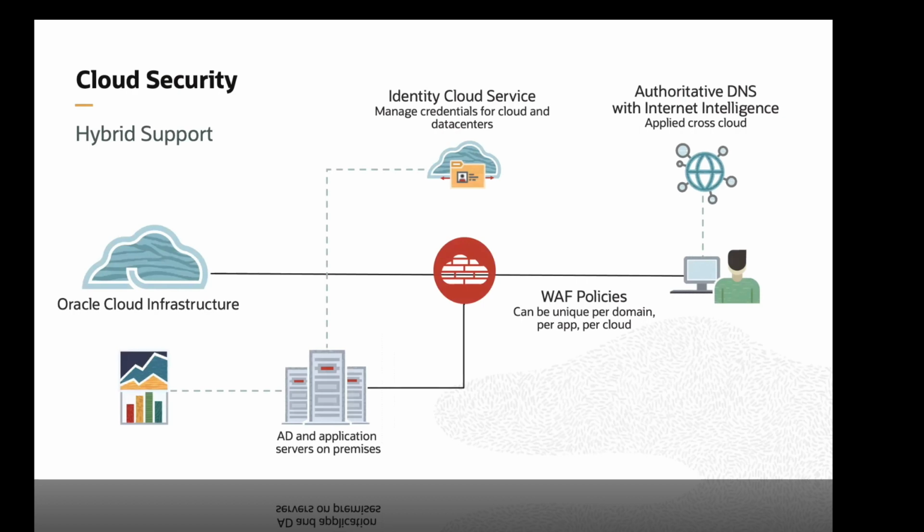Oracle Cloud Infrastructure also provides authoritative DNS, which can be applied across clouds. In multi-cloud solution architectures, having the option to choose an identity provider that is more flexible and adaptable with applications and other cloud providers lets customers build the best multi-cloud solutions.